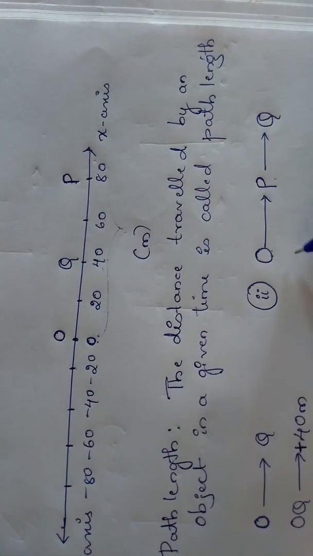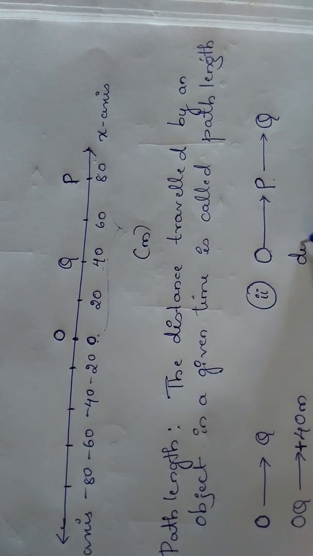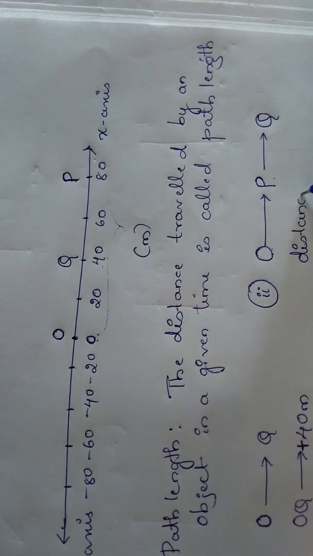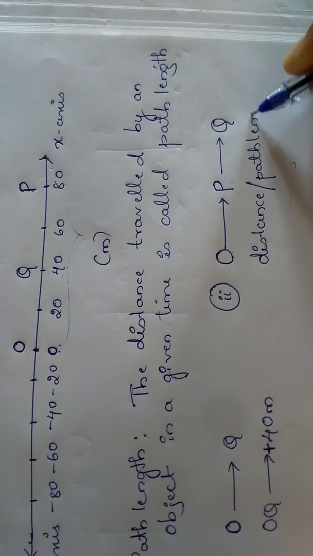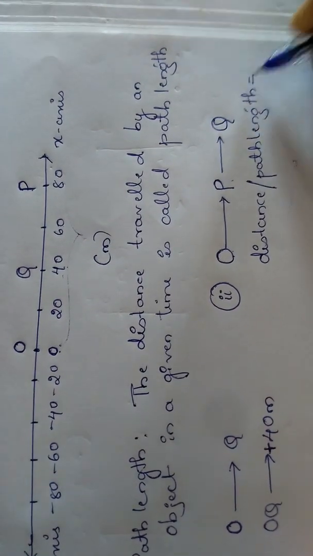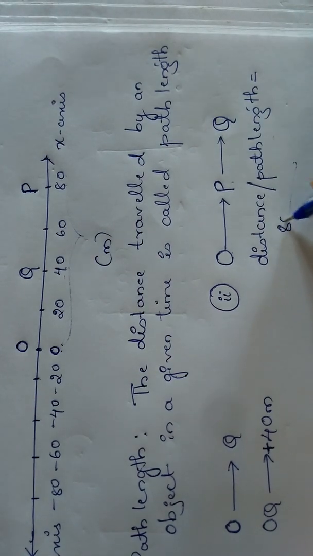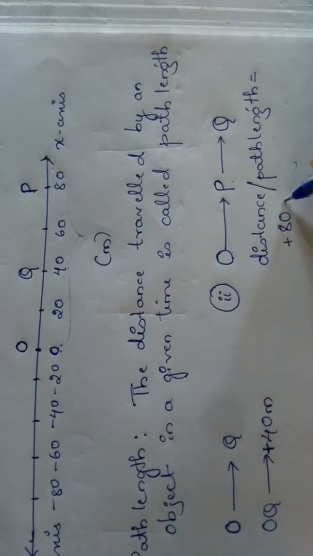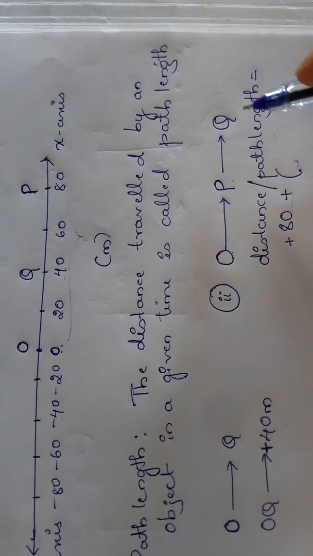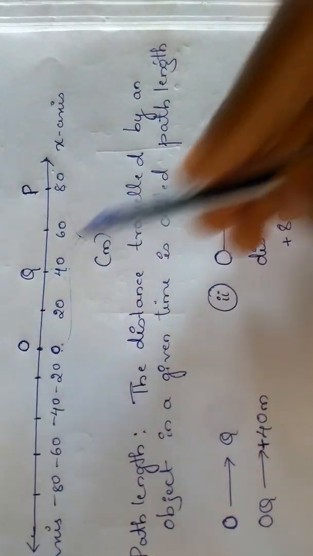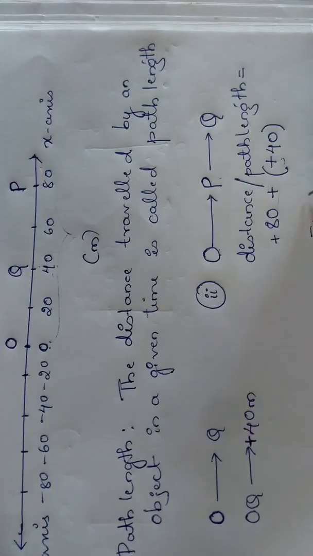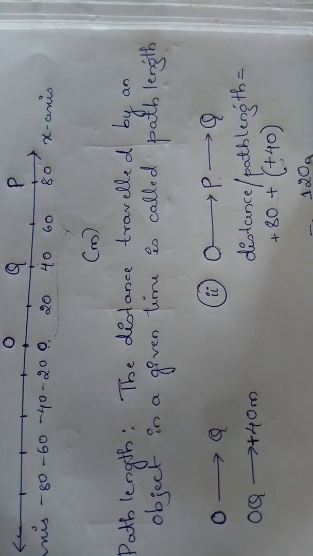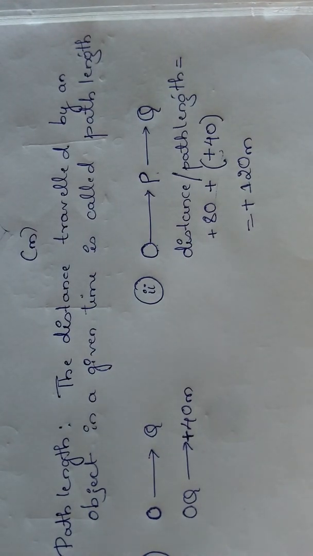So here the distance or path length is equal to O to P, which is 80 meters, plus how much distance is from P to Q? It is again 40 meters. So overall we got 120 meters, that is in the positive direction of the axis.